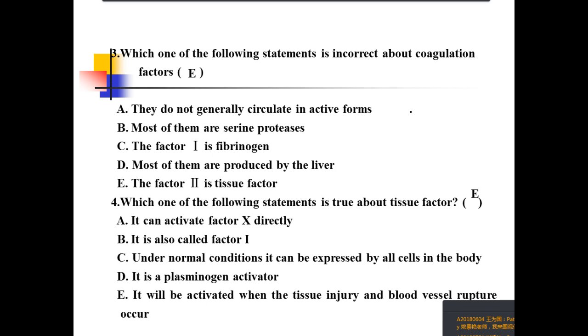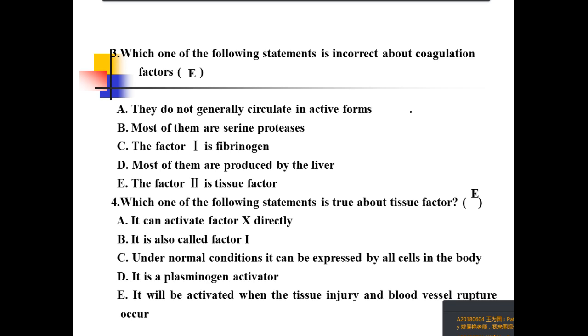If tissue is damaged, it enters the blood. Now it is the coagulation pathway, anti-coagulation system, and the fibrinolytic system.